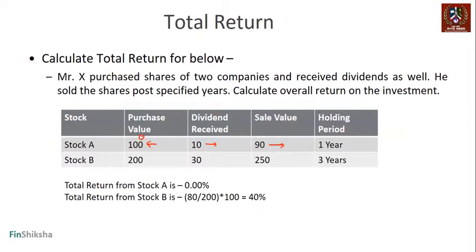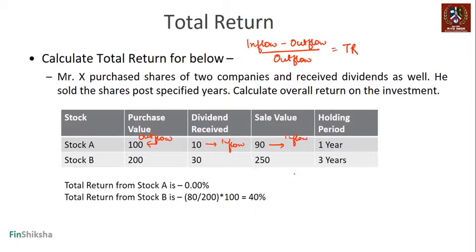So this is the outflow, this is the inflow, and this is the inflow. In almost all total return calculations, what you are effectively calculating is, on an overall basis, inflow minus outflow divided by outflow. That's your total return.